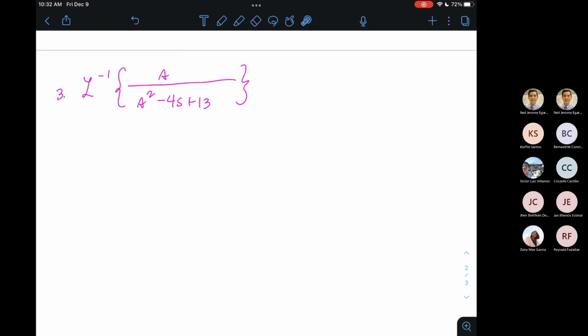Okay, so we're still good. So let's just do the same things that we did earlier, right? This time with the function s squared minus 4s plus 13. So completing the square ulit, inverse Laplace transform ng s over s squared minus 4s, take half of the middle term, that's 2 quantity squared.